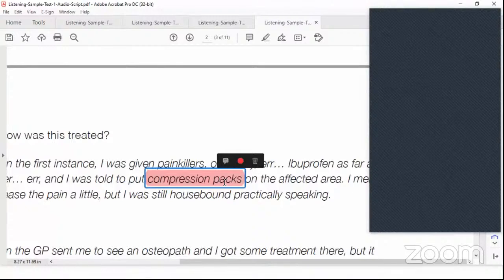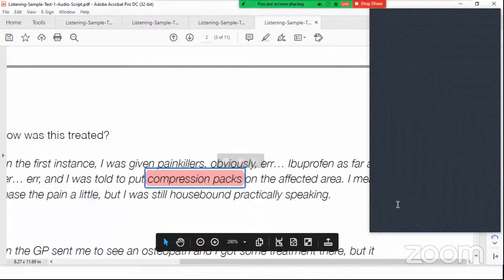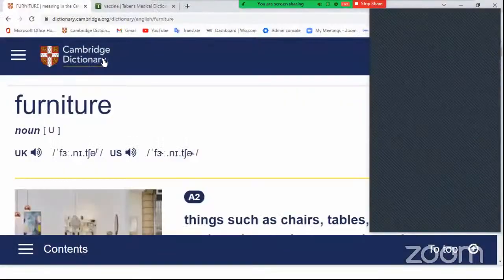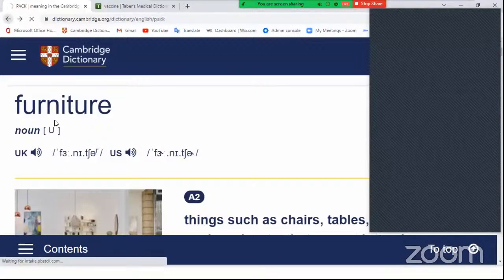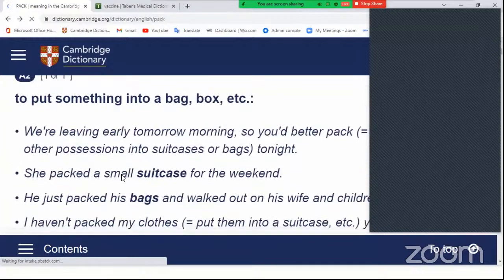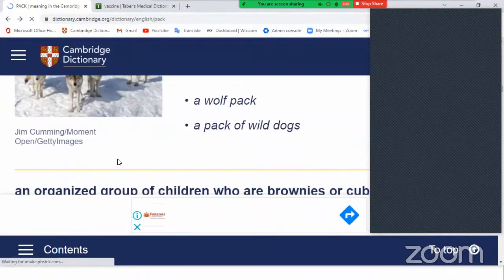So it is countable, and that is plural, packs. Now you understood what is countable and what is uncountable. Furniture is uncountable, and pack is countable.